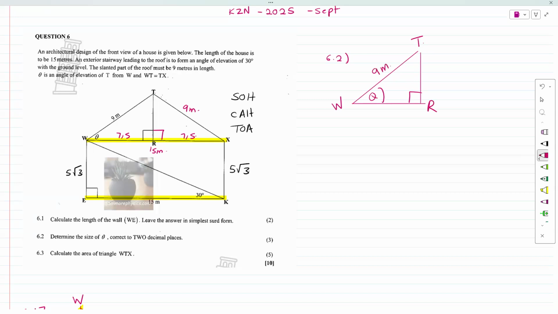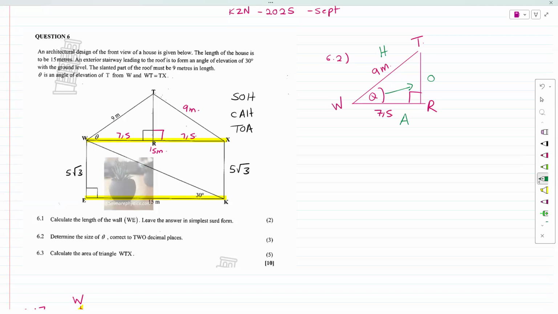And I want you to understand that this is 7.5 because TR cuts the 15 directly in half. How do we know that? We know that WT is equal to TX, and we know that TR is equal to TR. Therefore, WR has to be equal to RX. If we look at this in terms of theta, that's the opposite, that's the hypotenuse, and that's the adjacent.